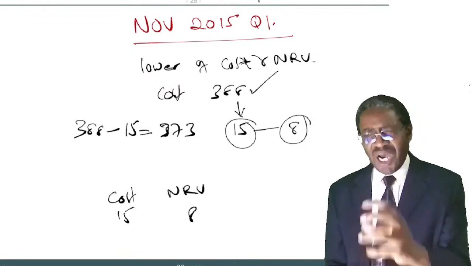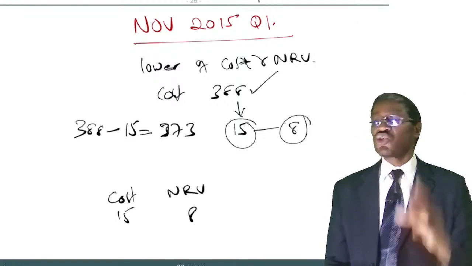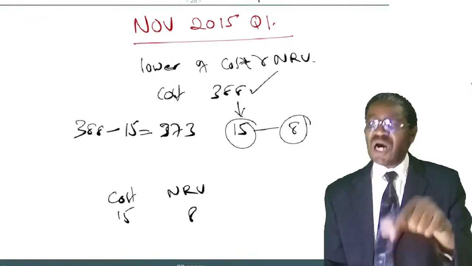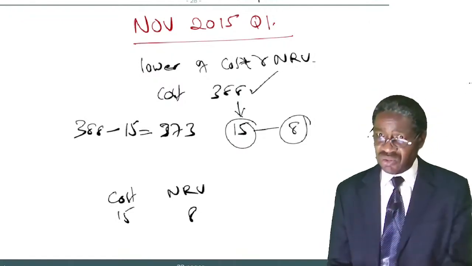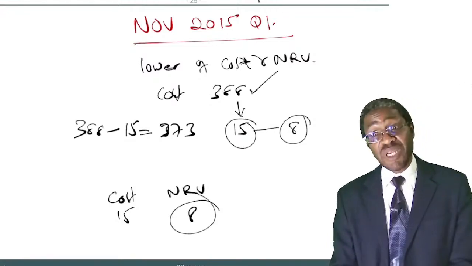So at what value should you include it in your closing stock? You should include it at the lower of cost and net realizable value. And that means you will include 8 million.